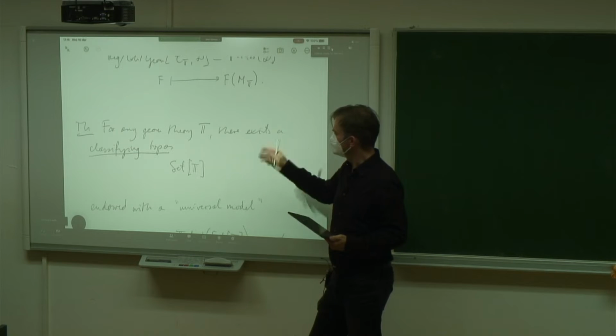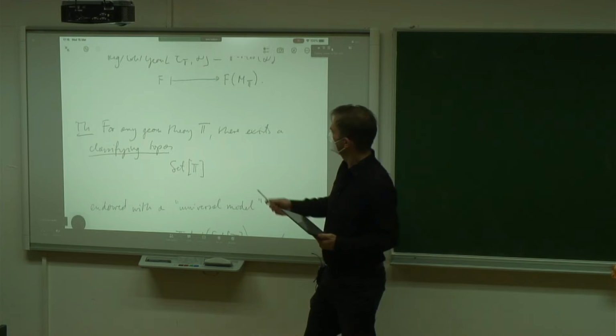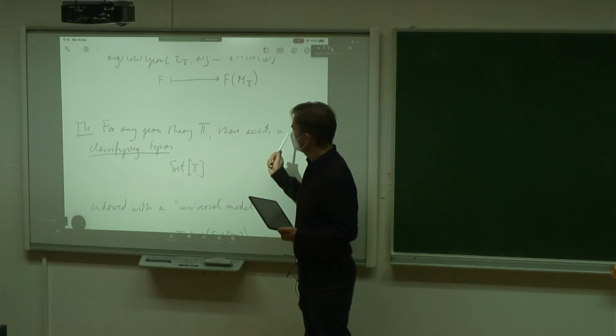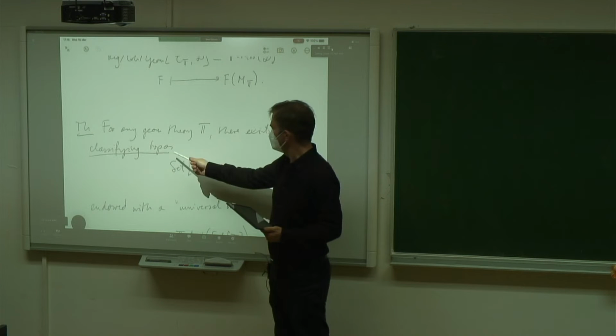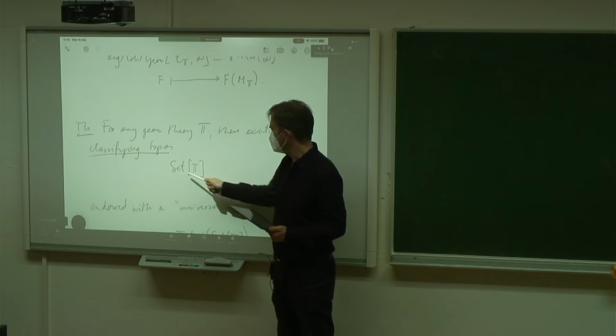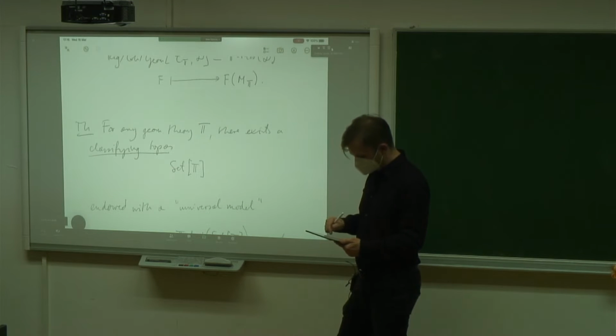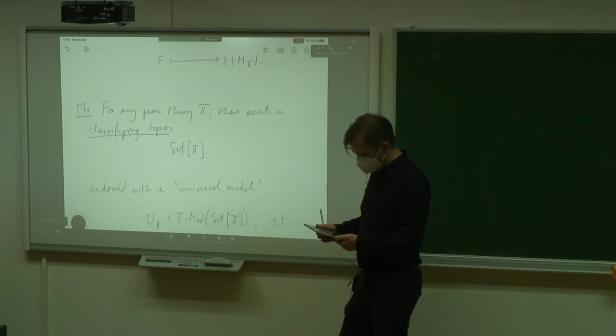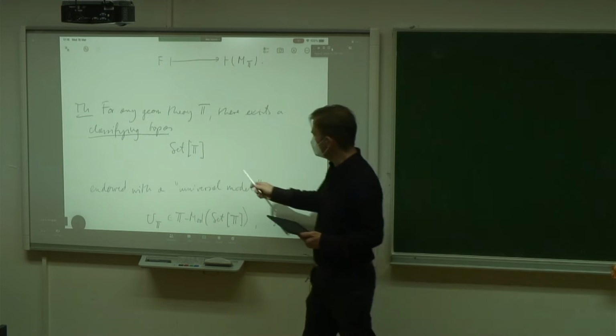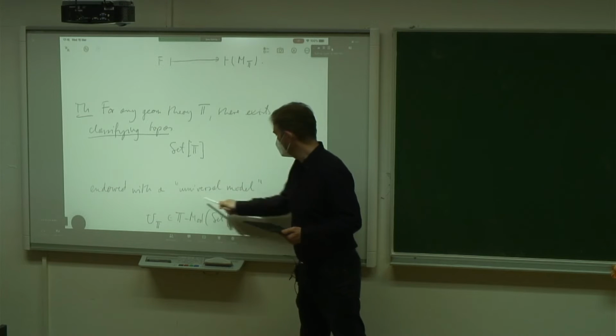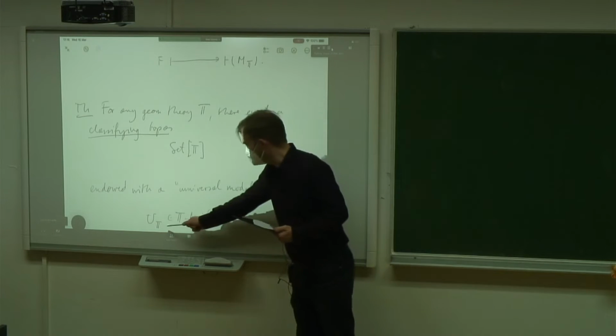But let's do it for the most sophisticated case. So for any geometric theory T, there exists a classifying topos denoted set angle brackets T, which also has a universal model called UT.